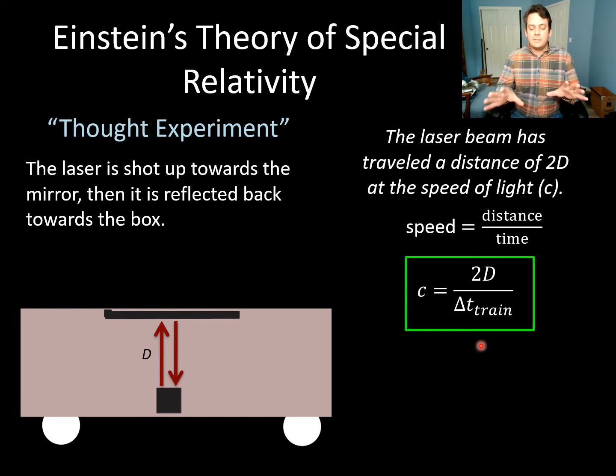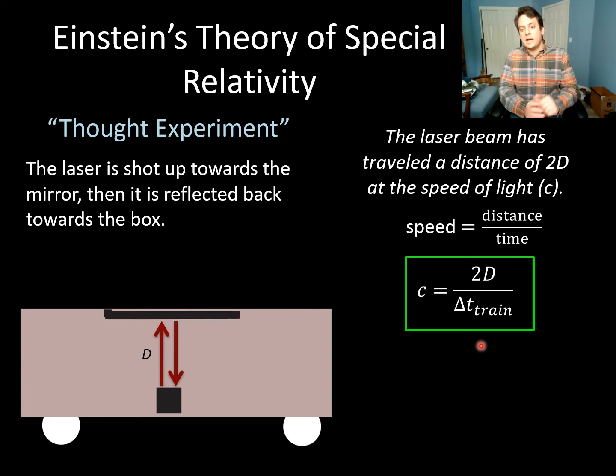Again, the labels are pretty standard labels for physics and math. The delta means a change in, quite generally. So we're calling it delta t. That means the change in time between when the laser beam left and when it came back. And we put this subscript train on t to denote this is the time measured in the train.